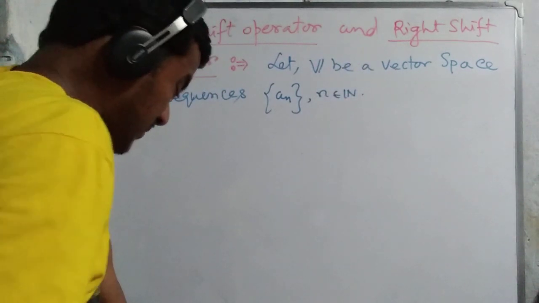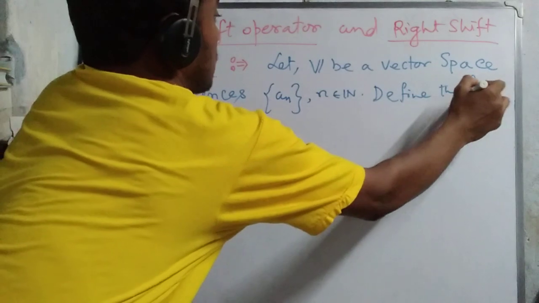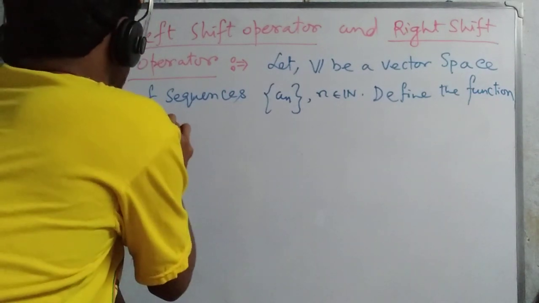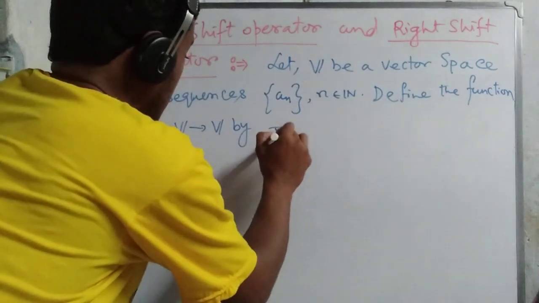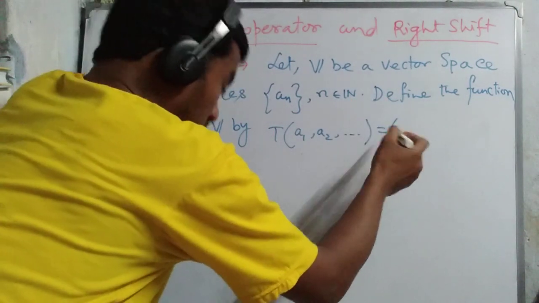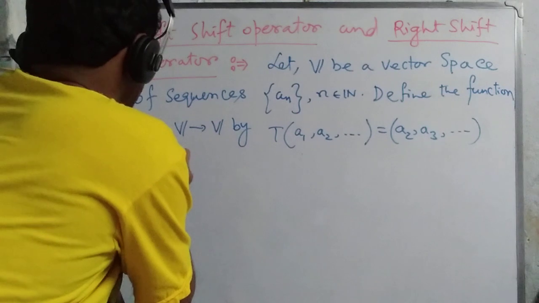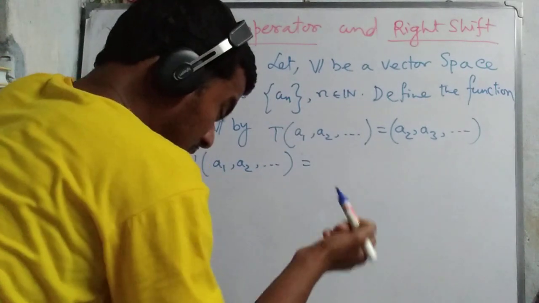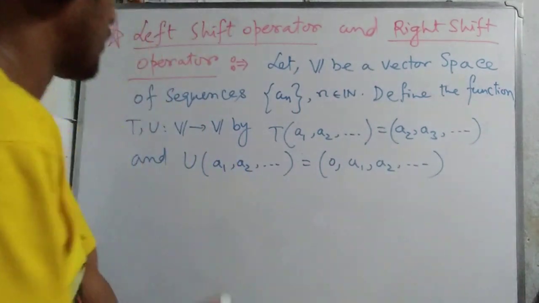And then we are also going to define the functions T, U from V to V by T(a1, a2, ...) equal to (a2, a3, ...), and U(a1, a2, ...) equal to (0, a1, a2, ...). In this way we also write this one.